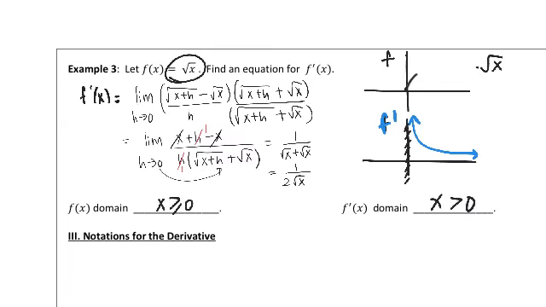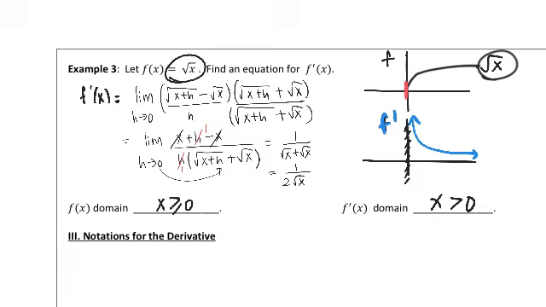The derivative, for this f function rad x, right at x is equal to 0, the derivative doesn't exist. The reason is that the slope of the tangent line right at x is equal to 0 is infinite. So because of the vertical tangent line, f prime doesn't exist right at the point x is equal to 0.